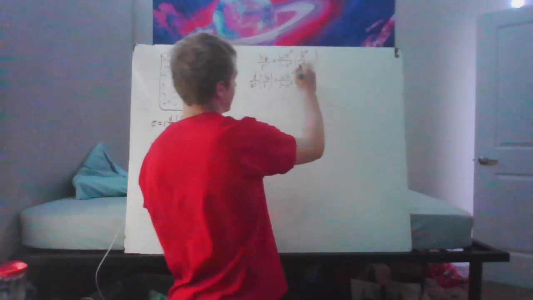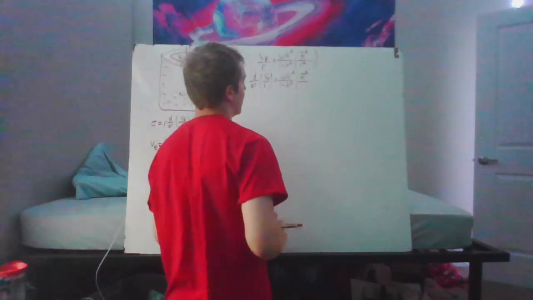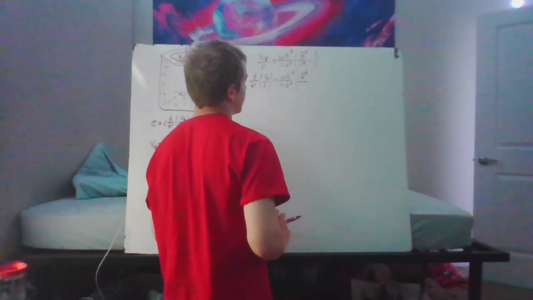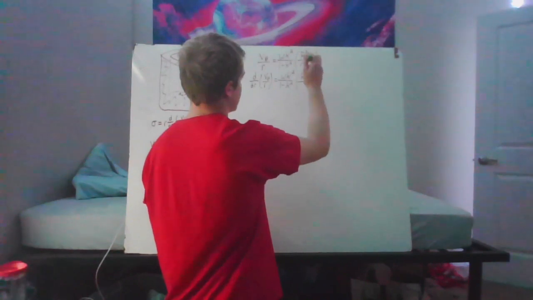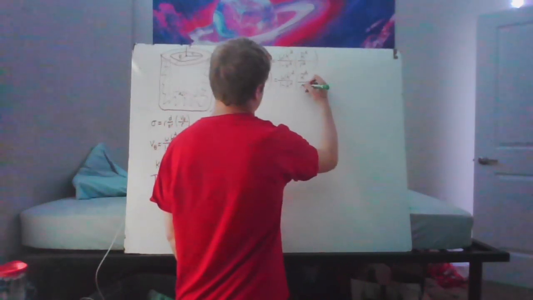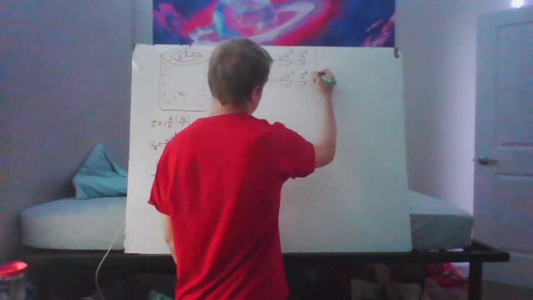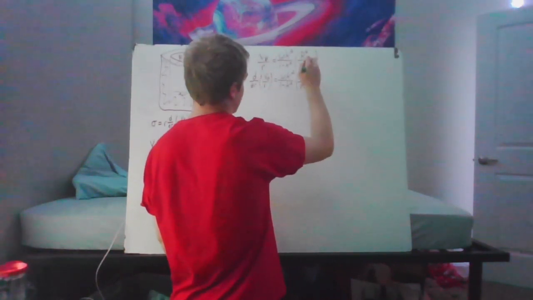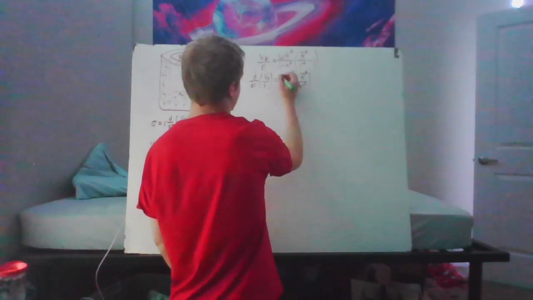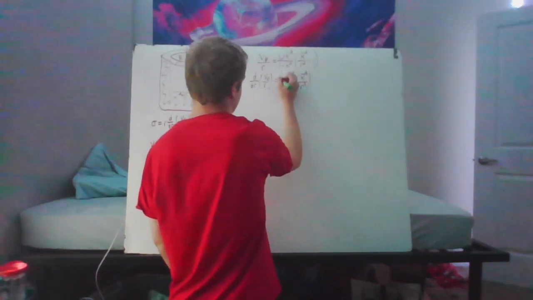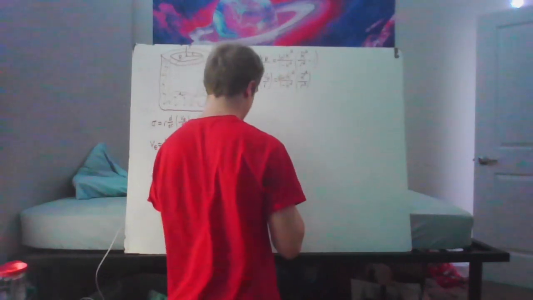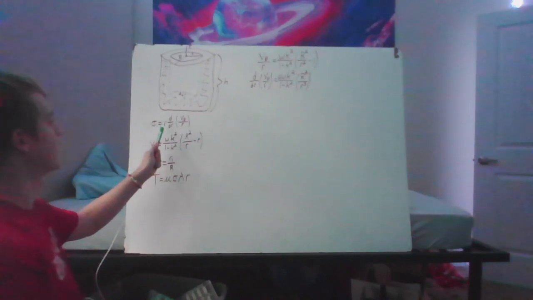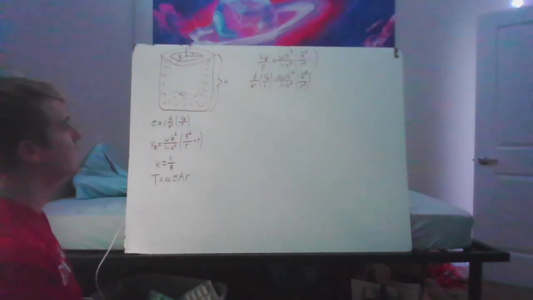And then the derivative of R to the negative 2, again, you just subtract 1, so it'll be R to the negative 3, but then multiply by negative 2 out front, negative 2. And then now, all we have to do is multiply by R here.